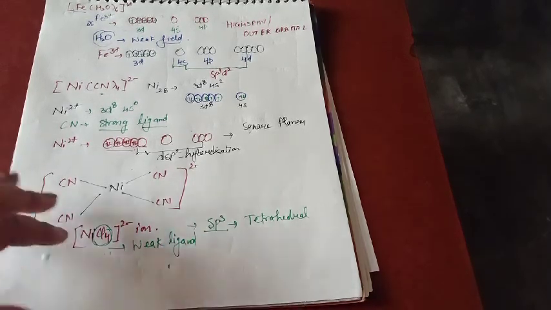I want to discuss one more limitation with you, that is the structure of a compound. The example is copper ammonia 4, 2 positive ion. So this is the complex. Here you can see copper is having atomic number 29, so it will be 3d10 4s1.